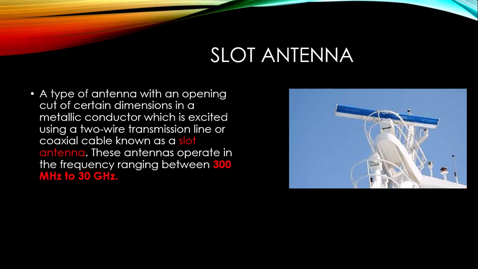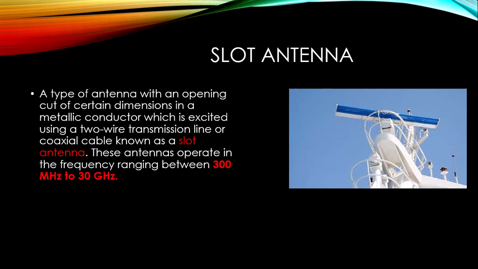So the slot antenna is a type of antenna with an opening cut of certain dimensions in a metallic conductor, which is excited using a two-wire transmission line or a coaxial cable. These antennas operate in the frequency range between 300 MHz to 30 GHz.